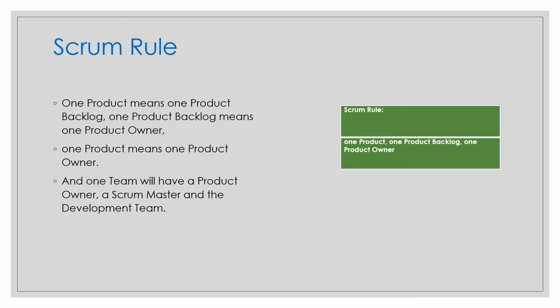So the rule is pretty simple. For one product, there can be only one product backlog and one product owner, even if multiple teams work on the same product. Then there will be a single product backlog and a single product owner. The increment will be single, and your definition of done will be the same.